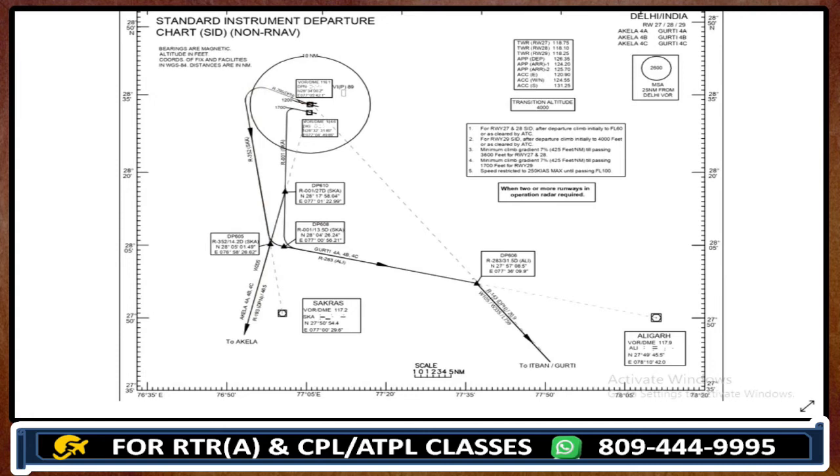Like you ask, Delhi Tower, Victor Tango Alpha Bravo Charlie, ATC could be different, your call sign could be different, request ATC clearance. They'll tell you, Victor Bravo Charlie, Delhi Tower, cleared to Bhopal, flight level 250, departure via Aquila or whatever.